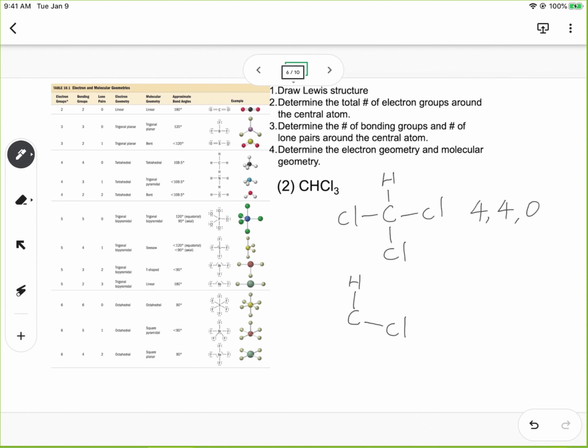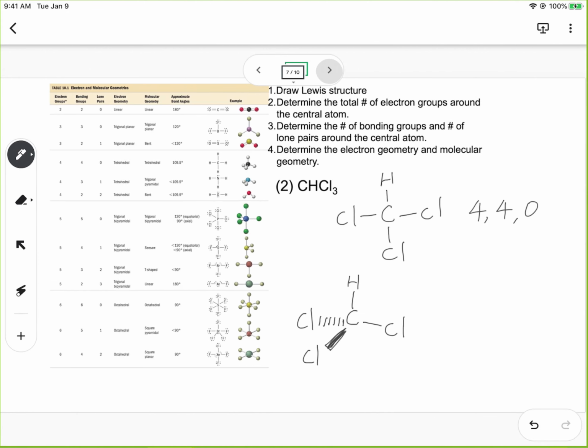Then put the other two atoms accordingly. Well, one of the chlorine apparently would be behind the screen, and one of them should be above the screen, like we did for the standard tetrahedral geometry. This is how we show the three-dimensional molecular geometry of chloroform, CHCl3. So this is this example.